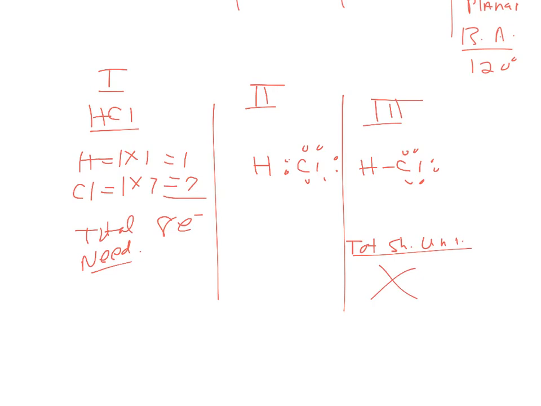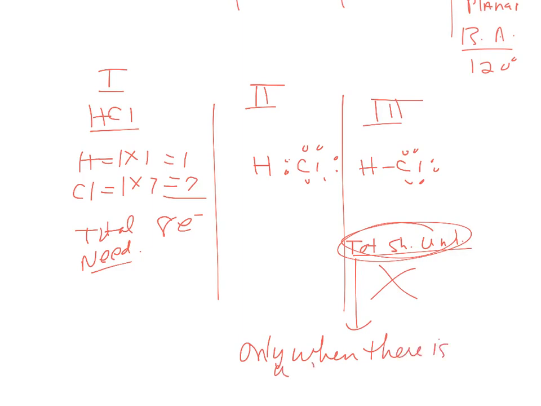Once again, I'm going to repeat that. The total shared and unshared is only when there is a central atom. And for there to be a central atom, you at least have to have 3 atoms, so that something can be in the middle and the other 2 things on either side of it. If you only have 2 things, there cannot be a central atom.